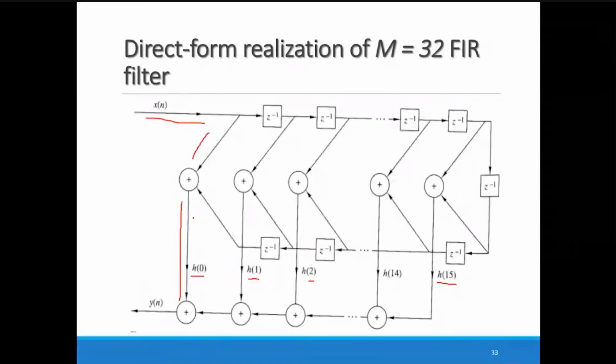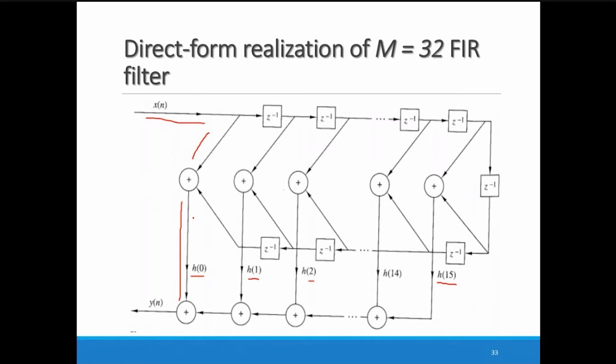So instead of h16 to h31, we use the same coefficients and obtain the direct form realization. Here I have shown the symmetrical structure for direct form realization. You can draw the original one also, but if you use the symmetrical one, the advantage is that we reduce the number of multiplications by a factor of 2. Instead of 32 multiplications, you now require only 16, and the number of additions is M minus 1, that is, 31 additions are required.